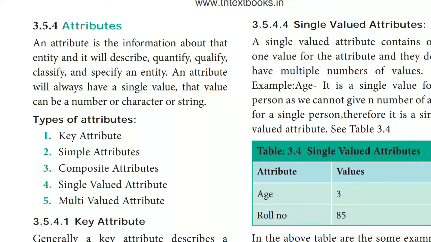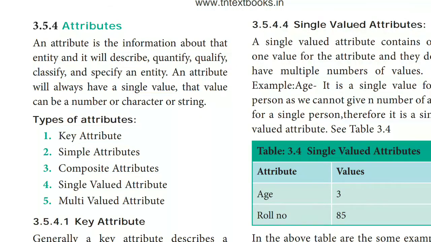Here you can see that any attribute will always have a single value. That value can be a number or character or string, any value. Here, a student has attributes like student name, student class, section, roll number, something like that. Which standard is he studying? Everything comes under this attribute.